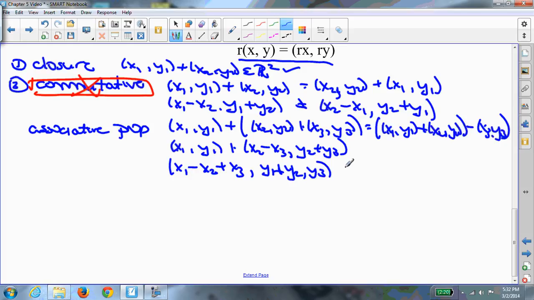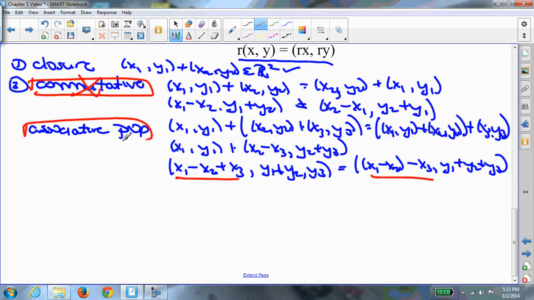However, on the right-hand side, I would get x1 minus x2 minus x3, and then y1 plus y2 plus y3. So these components here are different, and therefore the associative property is not satisfied either.